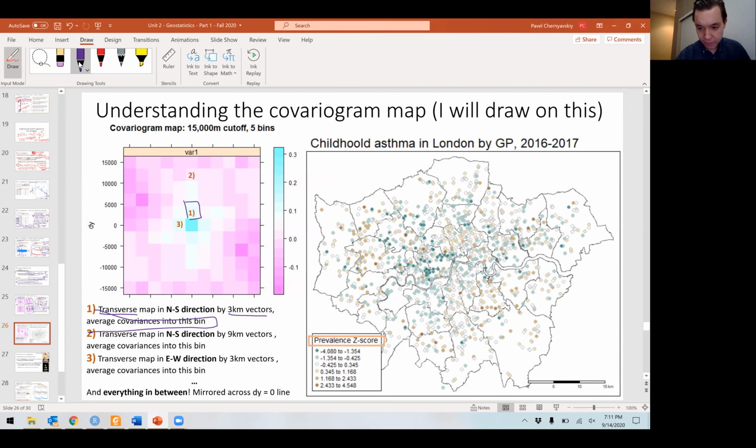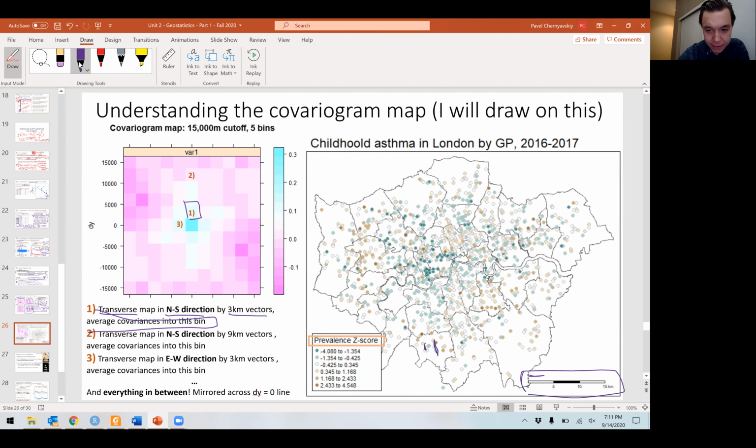So look at my scale here on the bottom. 3-kilometer distances, roughly like this, and north-south direction. All right? So I start from every point and I go directly north and south by 3 kilometers.